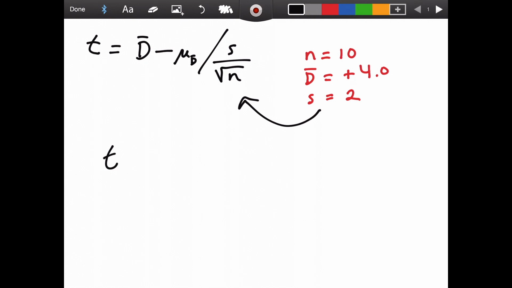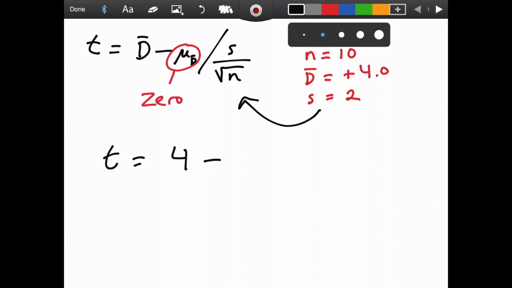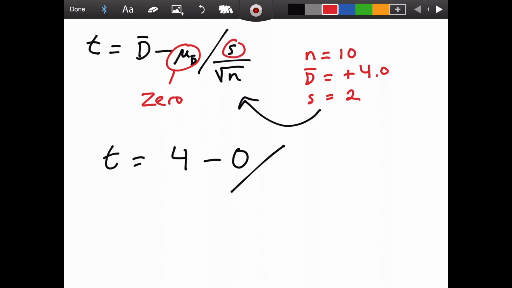So t would equal 4 minus 0, over, now we're looking at this part, which comes right from there, so that's going to be 2 over the square root of n, which is 10.